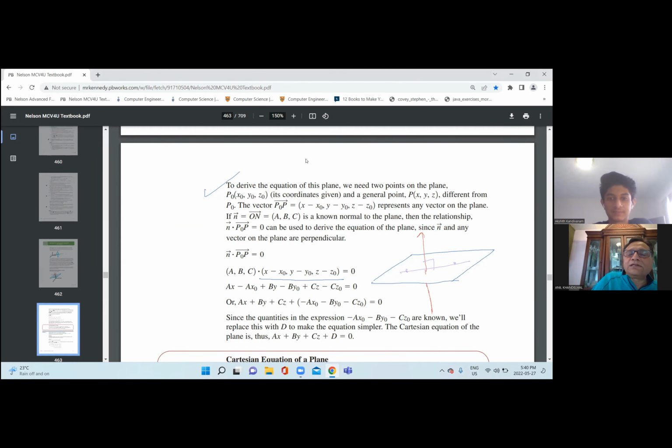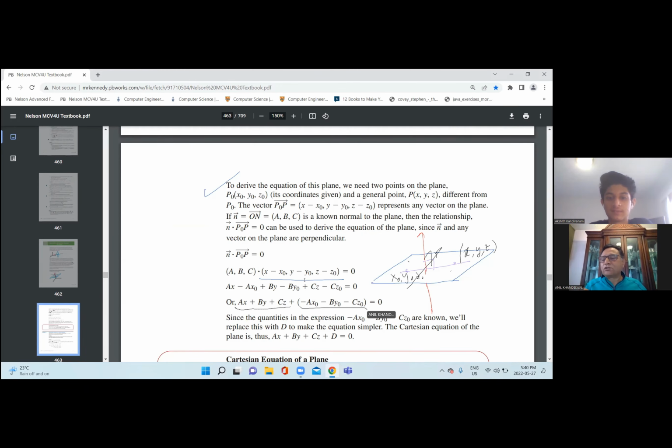You take the initial value, let's say x0, y0, z0, and this is some general value, x, y, z. Wherever we write x, y, z, it means general. It could be anywhere, right? Any line. So this will be a normal, and the dot product is 0. As soon as you do the dot product and expand, you get the terms ax, by, cz, and the other terms are constant.